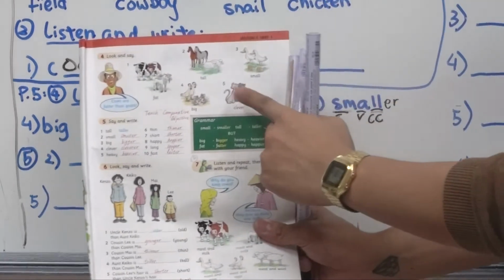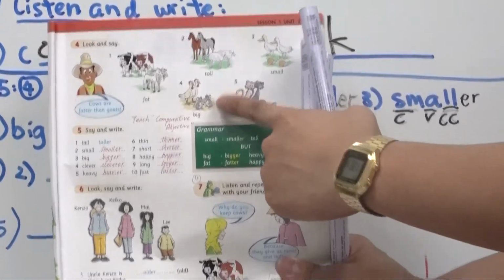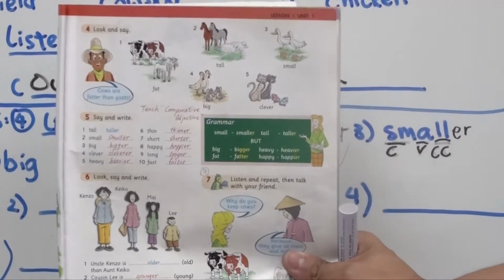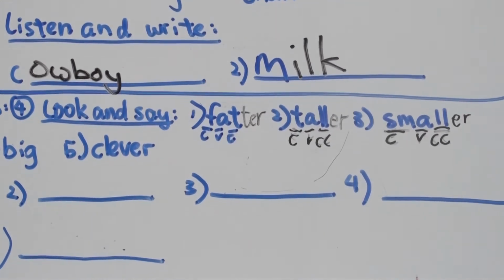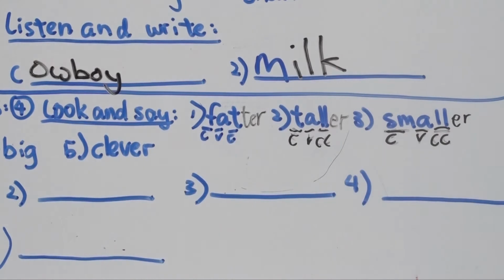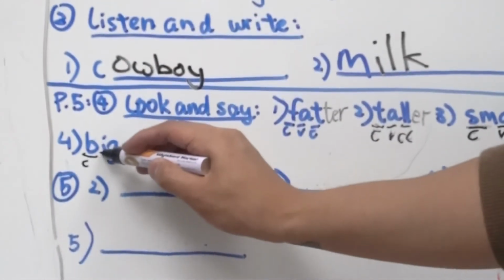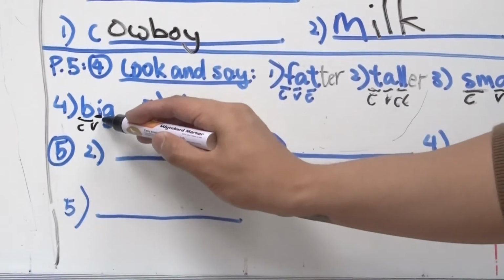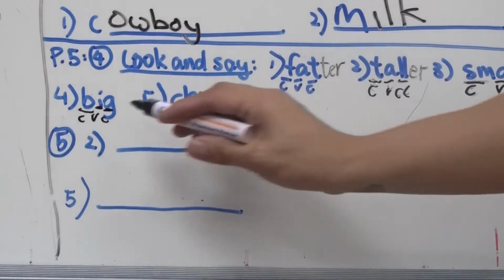Now let's go to the next one. Next one is big. Number 4, big. We have the chickens and the mice, and we have to use the word big. Now let's look at the word big. B is a C, I is a vowel, G is a C. Now this one we have CVC.